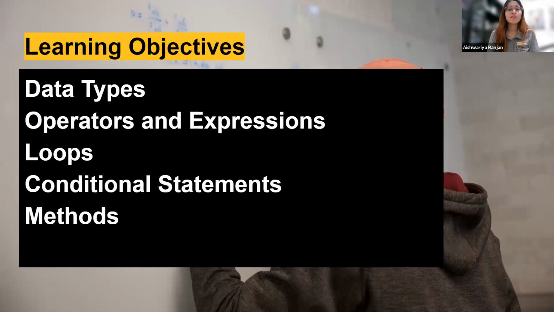So our learning objectives, we're just going to go over data types, operators and expressions, loops, conditional statements, and I came to know that methods are not covered in your exam. Could any of you just let me know if that's true? Are methods covered?